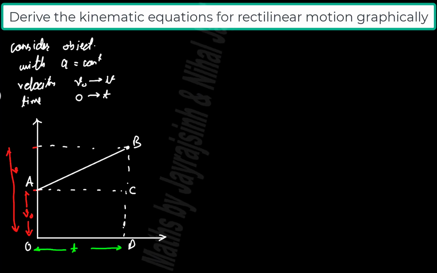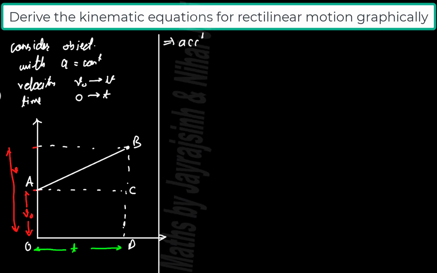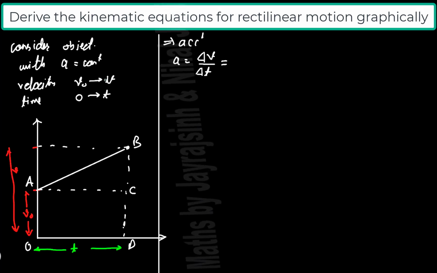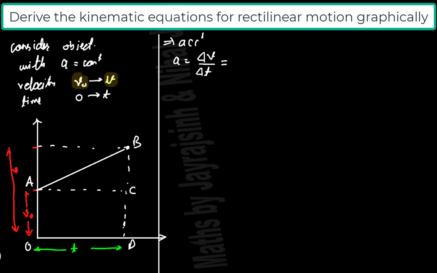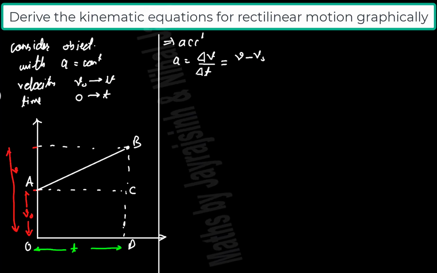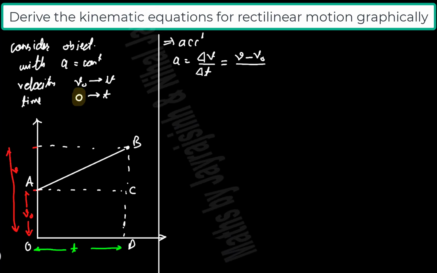Clear? Now to get the first equation of motion, we will use the definition of acceleration, which is the rate of change of velocity. In this case, your velocity is changed from v0 to v, so the change in velocity is v minus v0 in time 0 to t.